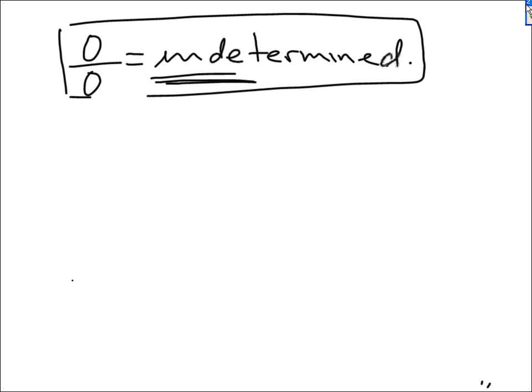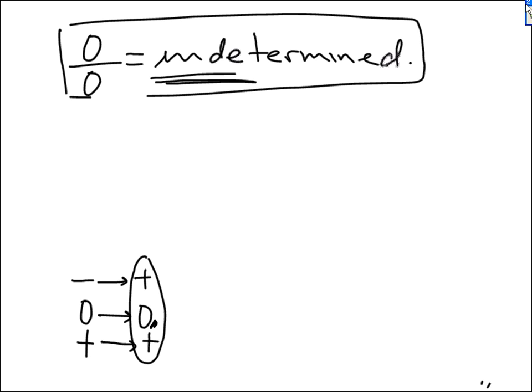Now, I like to view numbers as being 3 different types: negative, 0, the number 0, and positive numbers. If you square a negative number, you get a positive. If you square a positive number, you get positive. If you square 0, you get 0. When you square a number, the least you can get is 0. And let's be honest, 0 is smaller than every positive number.